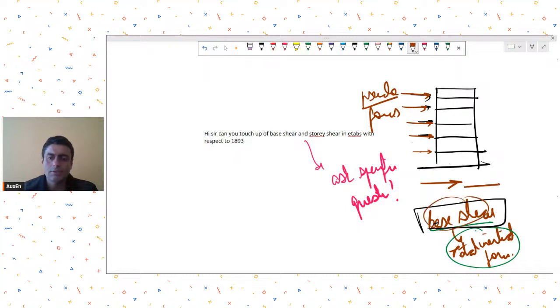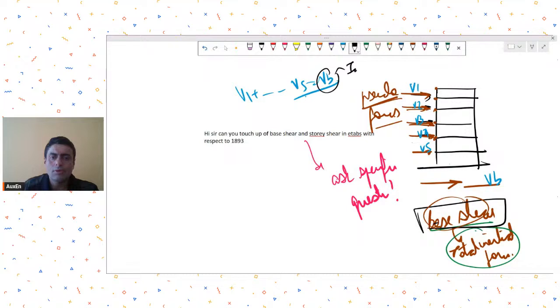In that way we distribute the base shear to story level forces. These are pseudo forces. That means no actual force is acting on these story levels. It's an imaginary pseudo force that we are assuming, so that the summation of all these forces should be equal to the base shear. So I could say the base shear is the inertial force.